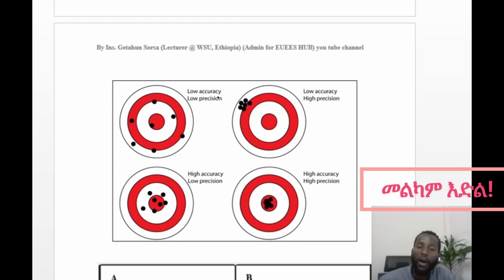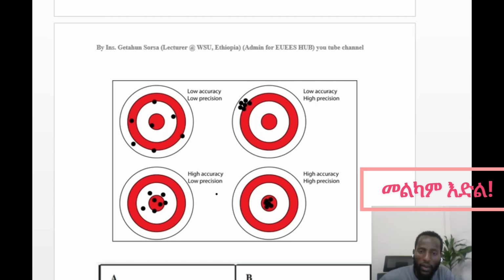When we come to low accuracy and high precision, the measured values are close to each other, but they are far from the target that we want. Therefore, this shows low accuracy and high precision.